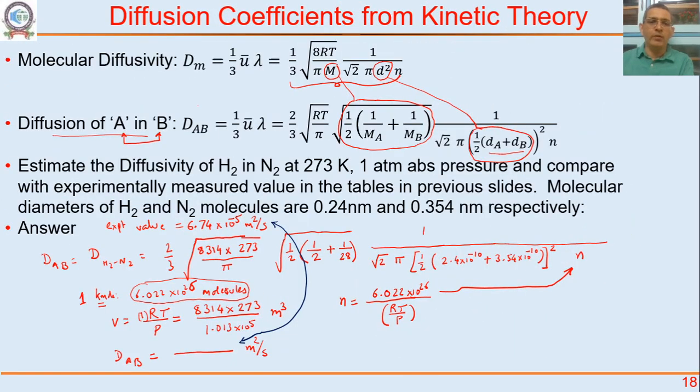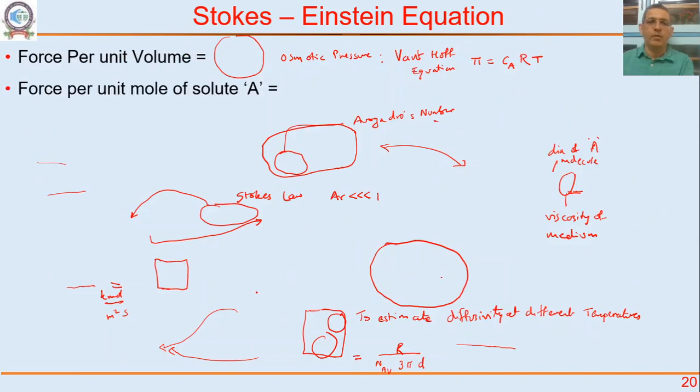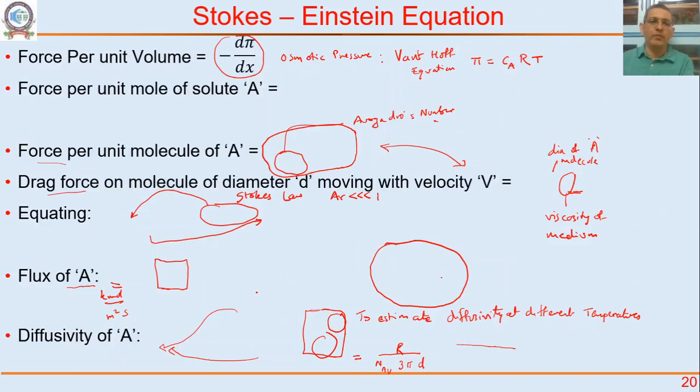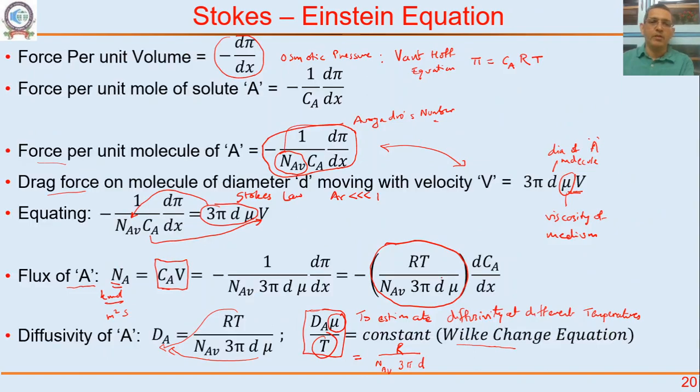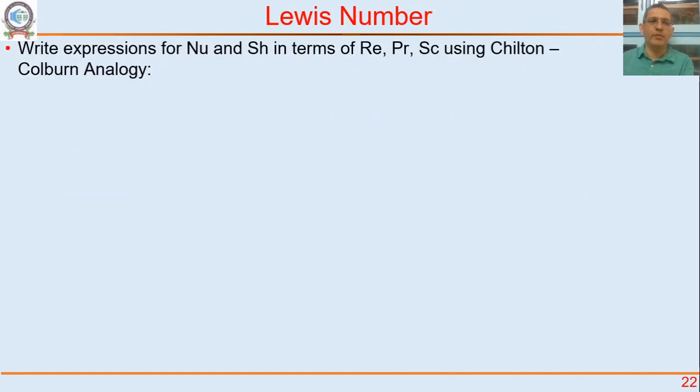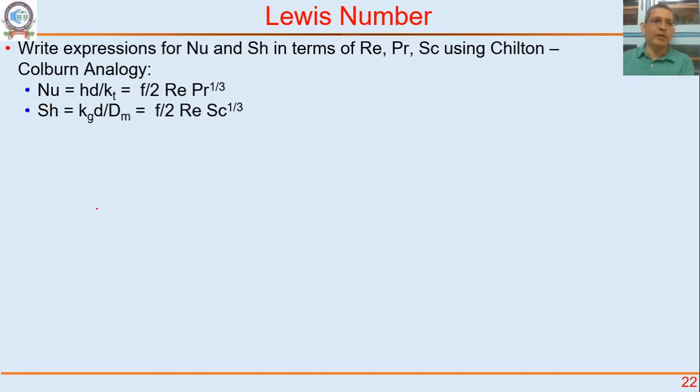So if I want to take now the ratio of this heat transfer coefficient to mass transfer coefficient, what can we do? One thing we can do, this is our Nusselt number is f by 2, Reynolds number into Prandtl number raised to 1 by 3, Sherwood number f by 2, Reynolds number into Schmidt number raised to 1 by 3. I can take this ratio.